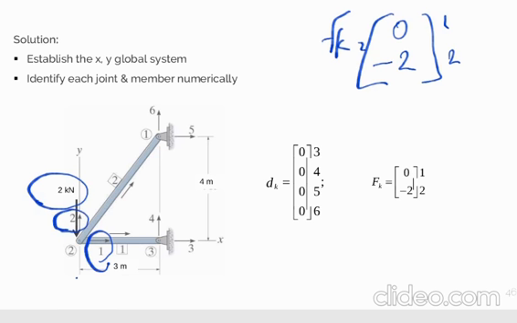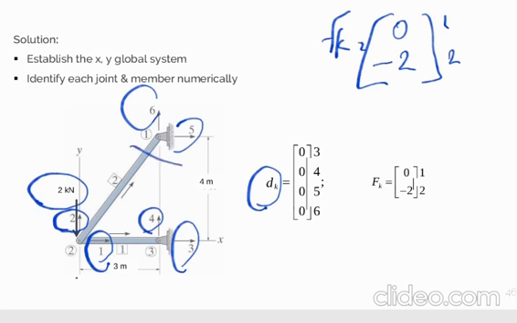And as I said before, KD, which means known displacement, is 0 at numbers 3, 4, 5 and 6, because it's fixed at these points or nodes.